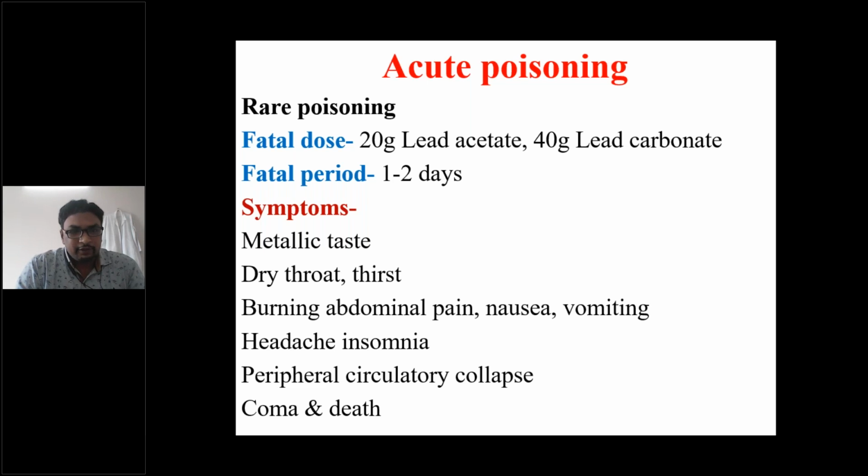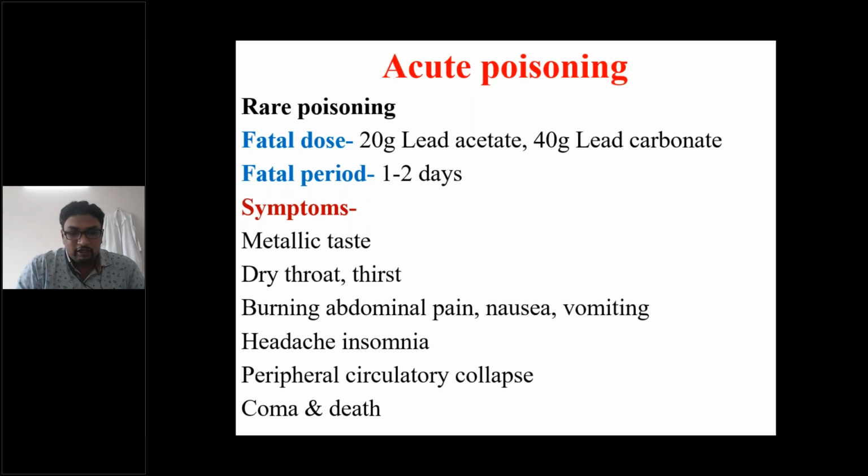What is the symptomatology in acute poisoning? The patient will have metallic taste, dry throat, intense thirst, and abdominal pain, very, very important. In lead poisoning we have burning abdominal pain with nausea and vomiting, GI symptoms, and then the patient can experience headache and loss of sleep.